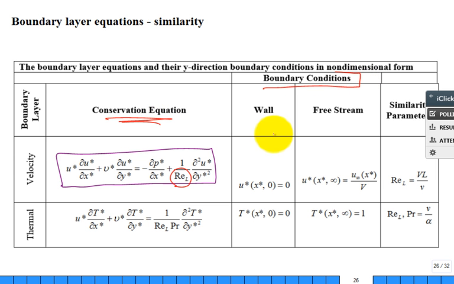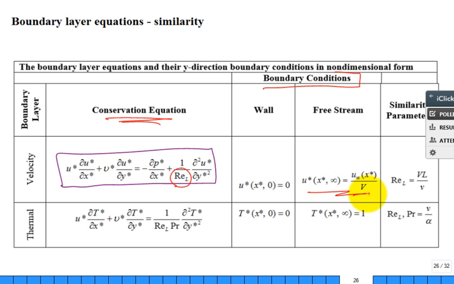I need boundary conditions before I could theoretically look for a solution. This would be what's happening at the wall. How do you interpret this statement right here? At all x, at y equal to 0, what is this? No slip boundary condition. And then what about this one? It's our free stream boundary condition.